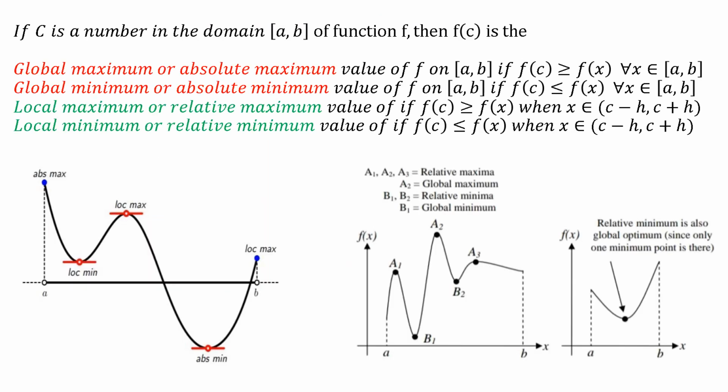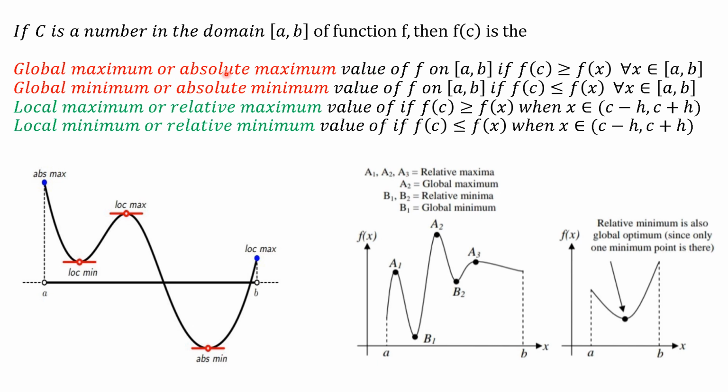Now let us see the mathematical definition of global maximum, also called absolute maximum, or global minimum, or absolute minimum. First one, global maximum.